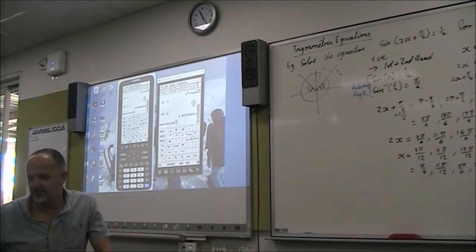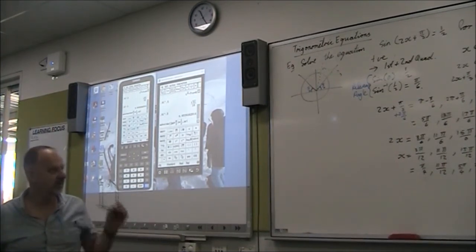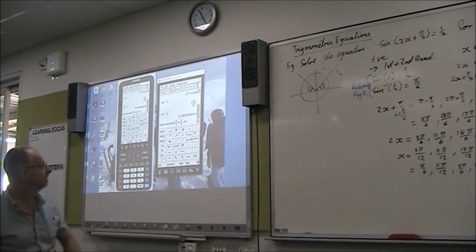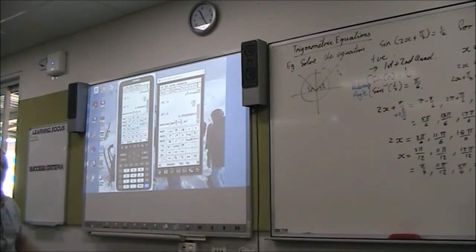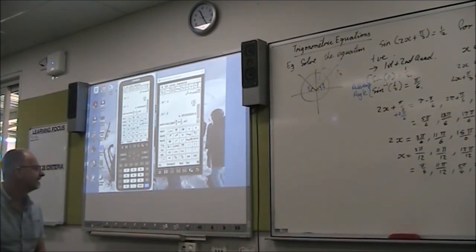Equals what? Equals half. What do I want to solve for? I want to solve for x. Often it doesn't matter whether you do that or not. But I always like to do that just in case.